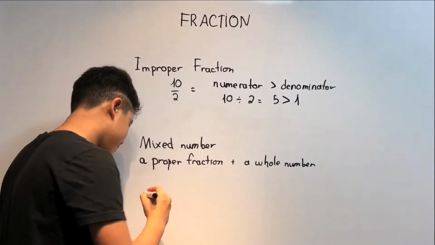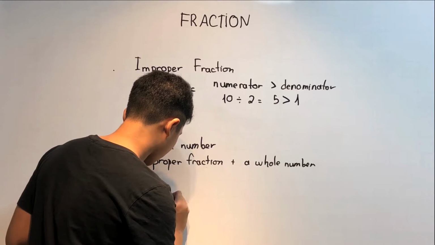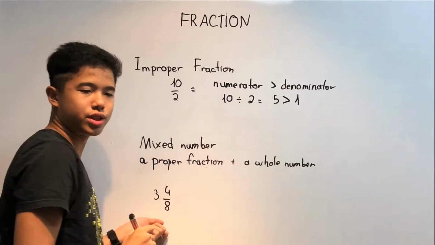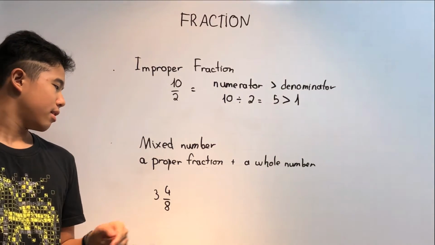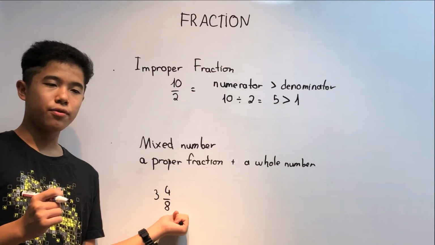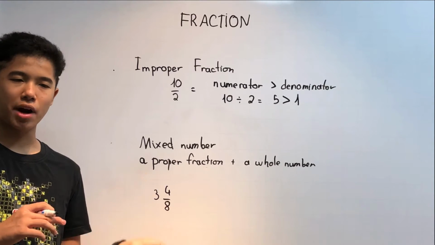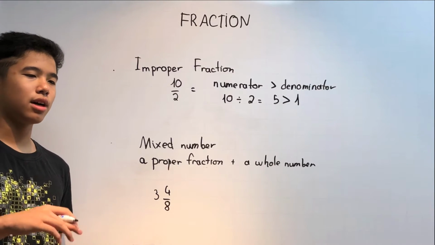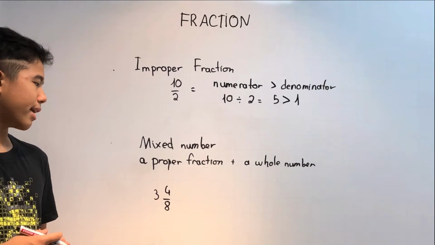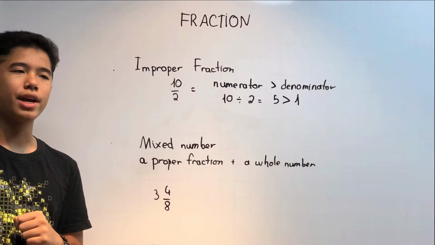First one we have, I think, 3 and 4 over 8, or 2 over 4. Always remember that the fraction part must always be a proper fraction, a fraction that is less than 1, because if you write an improper fraction, that will be incorrect.